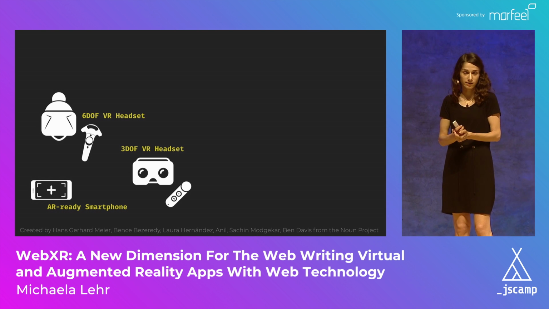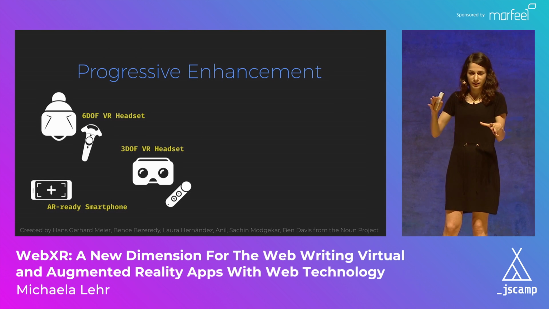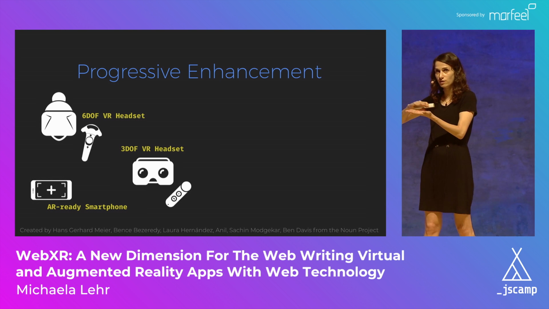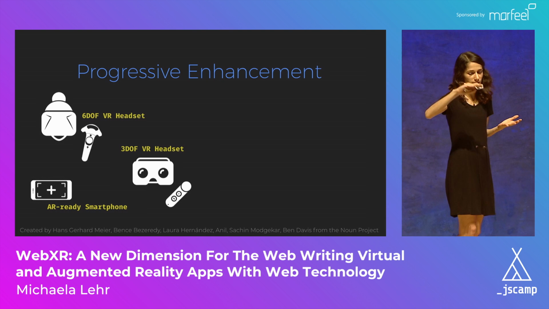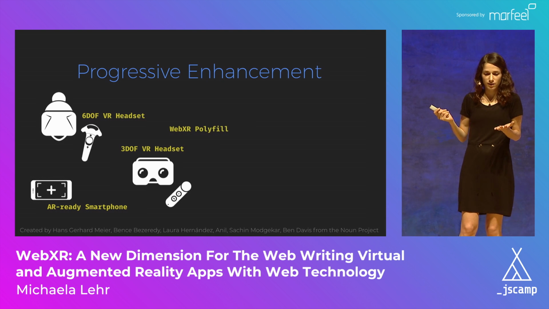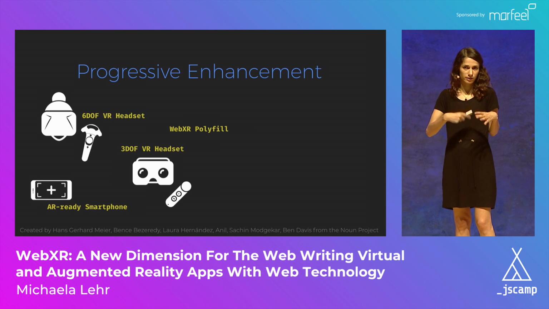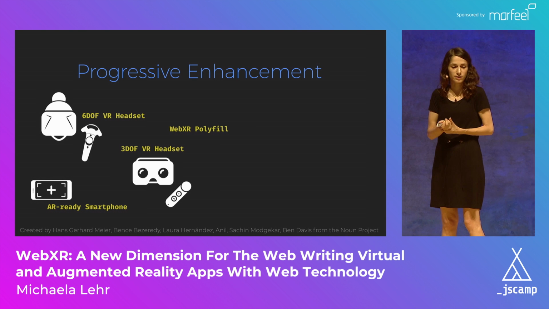So how do we handle this situation? I think it's easy. We should start by making your experience work on all devices, even with fewer features, and then improve your experience step by step. You could use the WebXR polyfill to make your experience work on more browsers than just those that support WebXR.